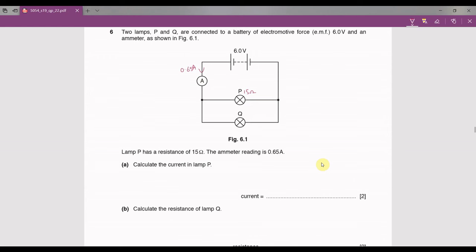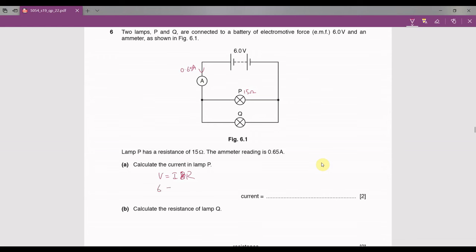Obviously lamp P and lamp Q are connected in parallel, so they both have equal potential difference across them, and you can see that lamp P is connected to the positive and negative terminals of the battery. So the potential difference across P is the same as the EMF of the battery. V equals IR is the equation you're going to use.